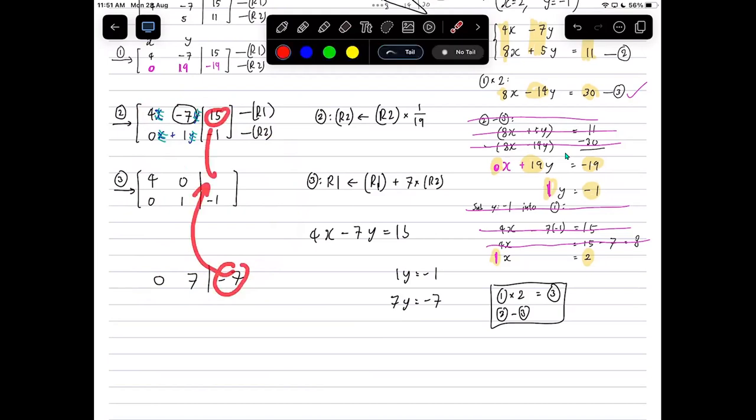Negative 7 plus a 15, what do you get? 8. Right? Then you see, it's the same as this one. 4x equals 8.